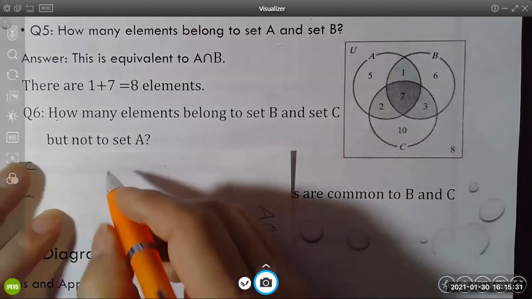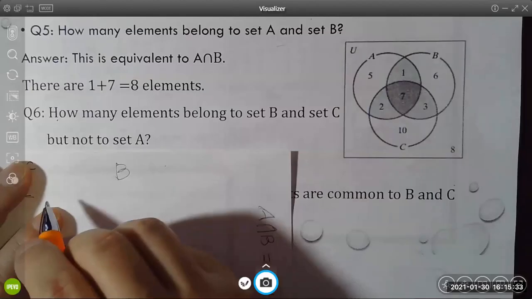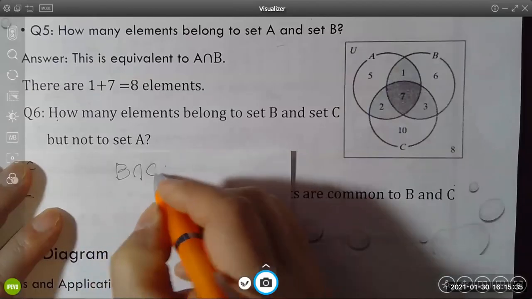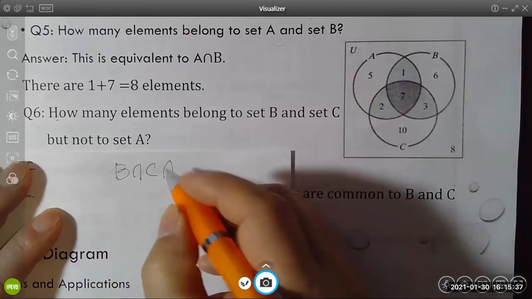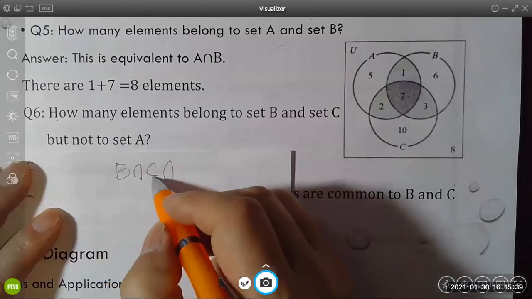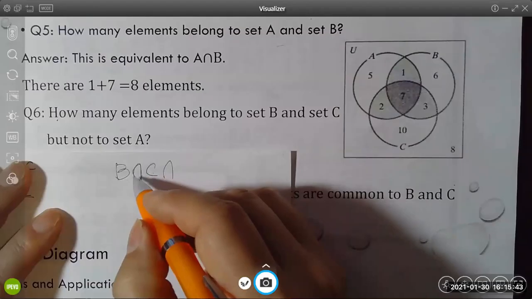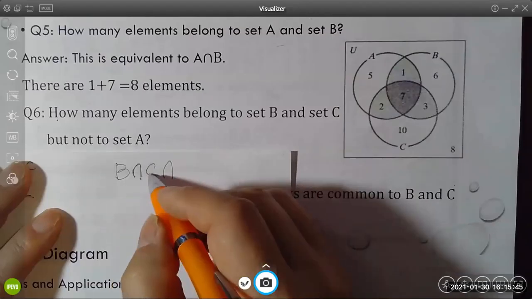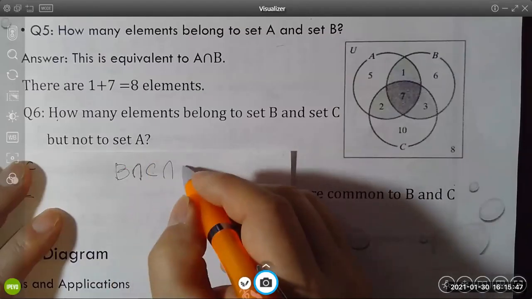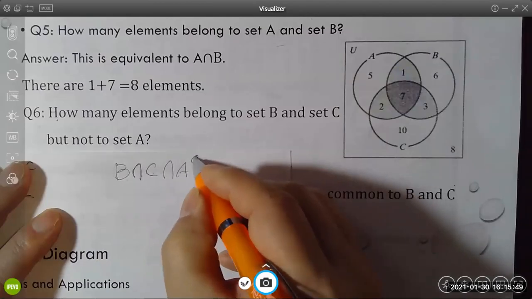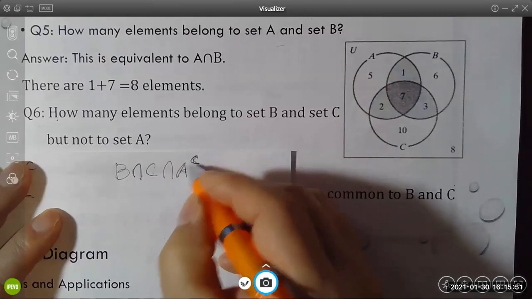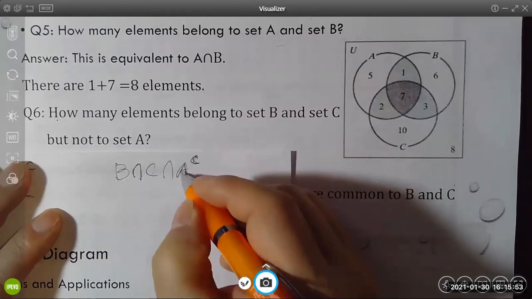It goes like this: belong to set B and set C at the same time. We want elements in B and C at the same time. "And" means at the same time, intersection, but not A. We don't want A. Whenever you don't want something, use the intersection with the complement of that thing.